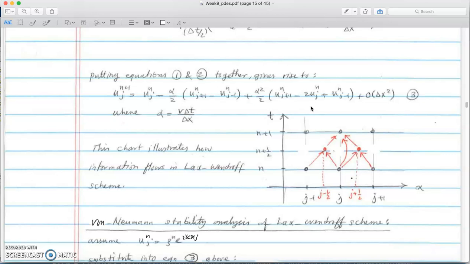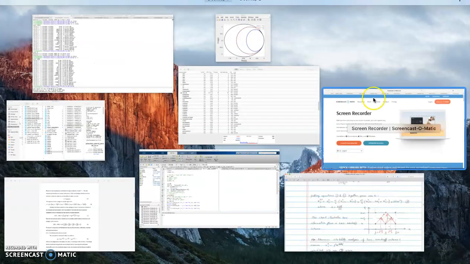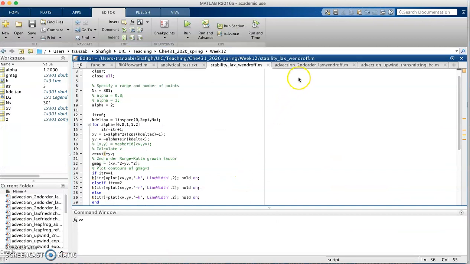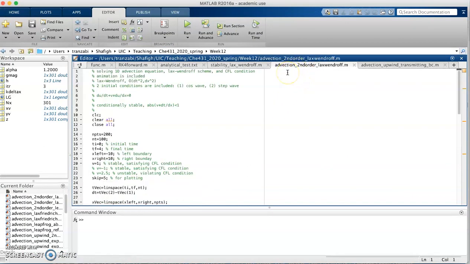We're going to look at how we can solve Lax-Wendroff using that. So this is the script for Lax-Wendroff. We know that it's second order in time and second order in space, as I mentioned here.